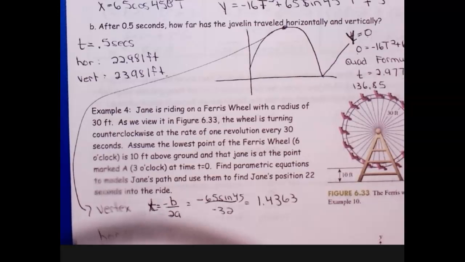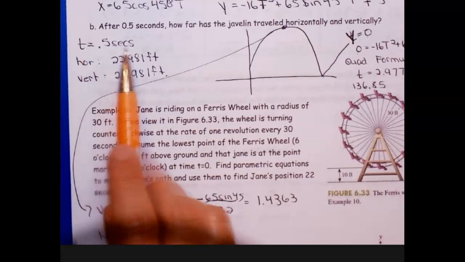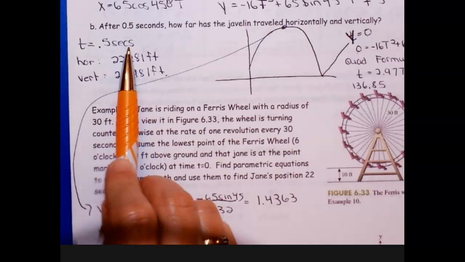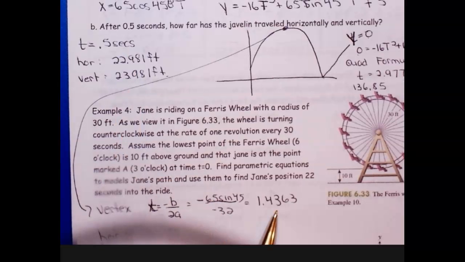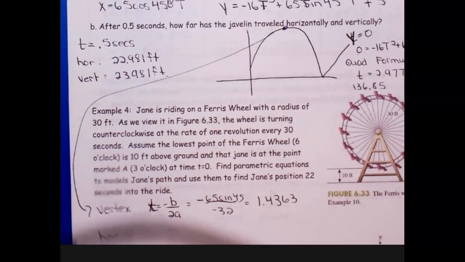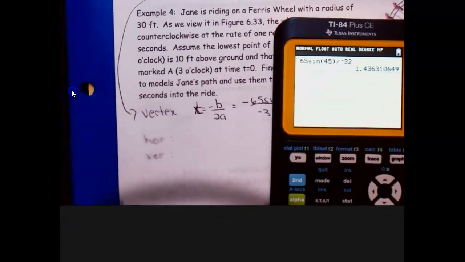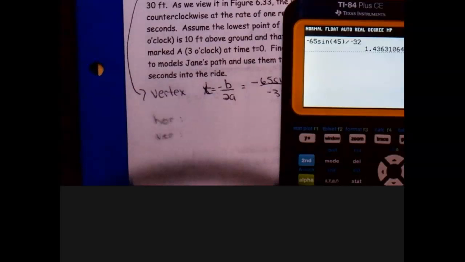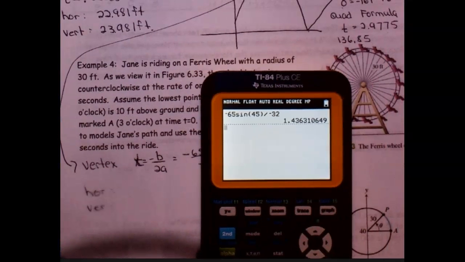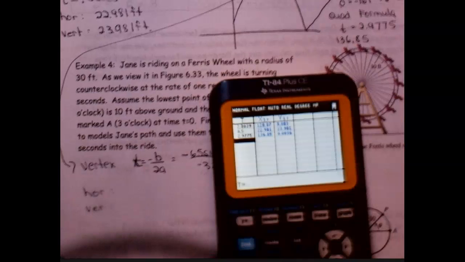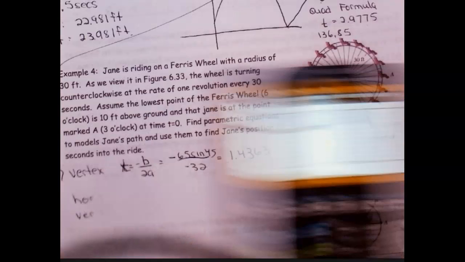Well, that kind of goes along with this problem right here. When I had the time, I could figure out those values. Now this one we could do by the graph because I was counting by 0.5s, but this one is not a very nice decimal, so instead I'm going to use that option in my table. I'm going to go into my table and type in that decimal, which again is stored in my answer.